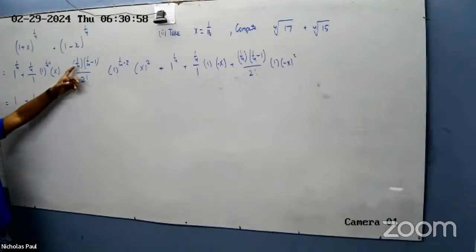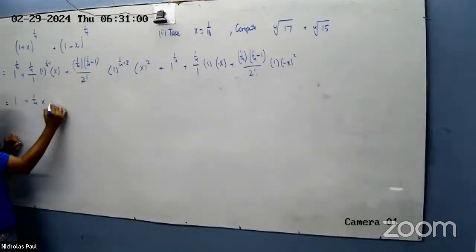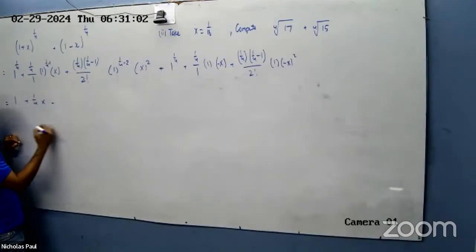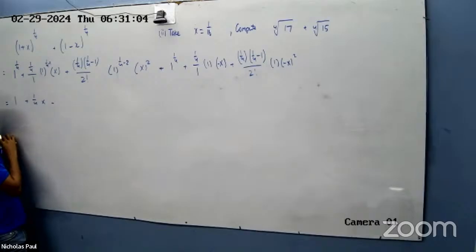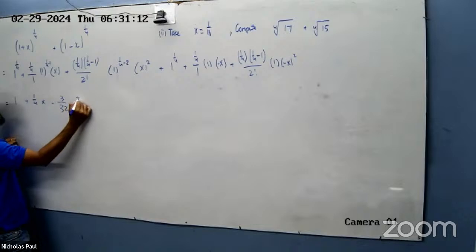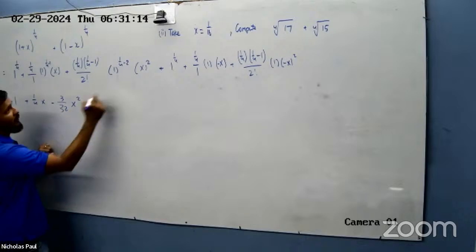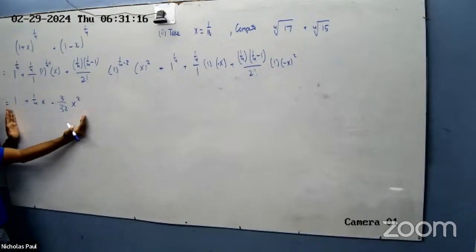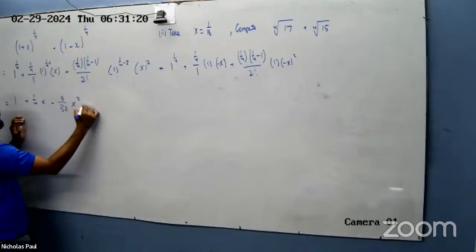What did we get here? Minus what? What did you all get here? Minus 3/32, yeah? Minus 3/32 x squared. So that would be for 1 plus x to the quarter. Now we have to work out this one.